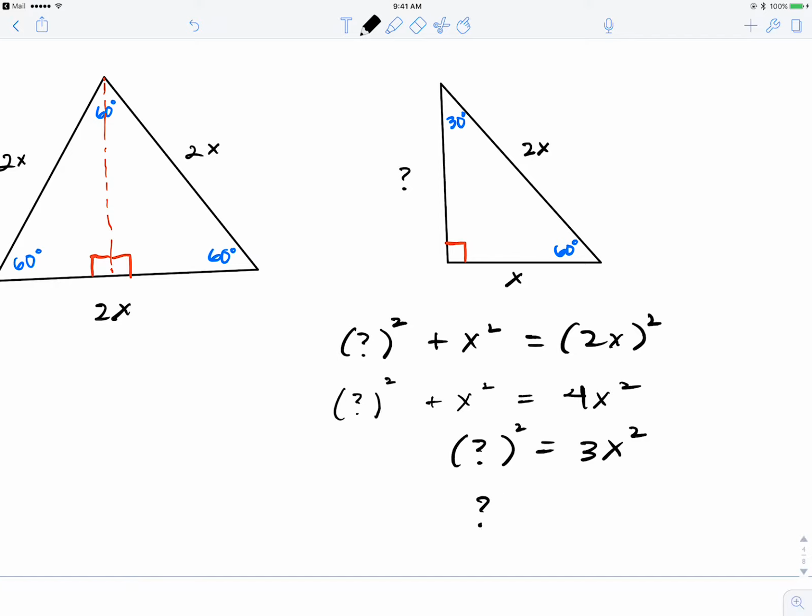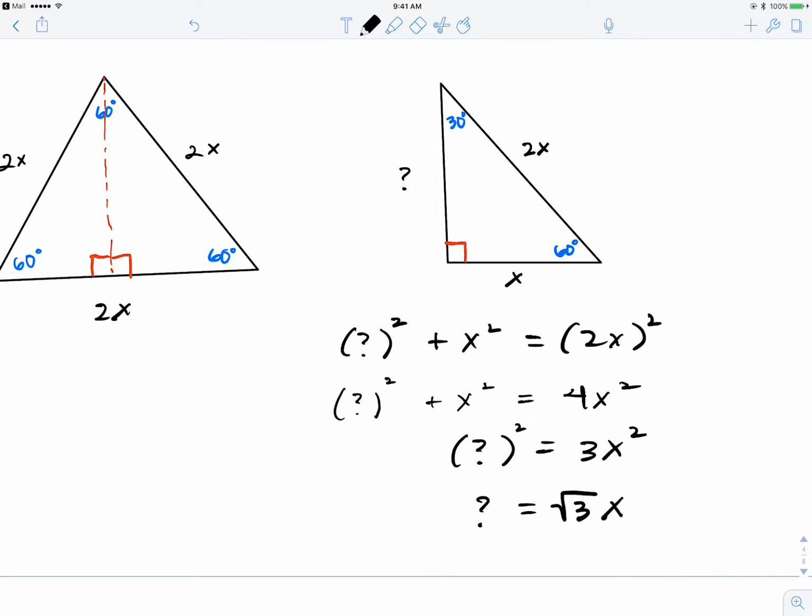So our unknown side will be equal to the square root of 3x squared. Now the square root of x squared we normally say is the absolute value of x, to take into account that x can be positive or negative. However, because we are talking about a side length, I can just say this is equal to root 3x.